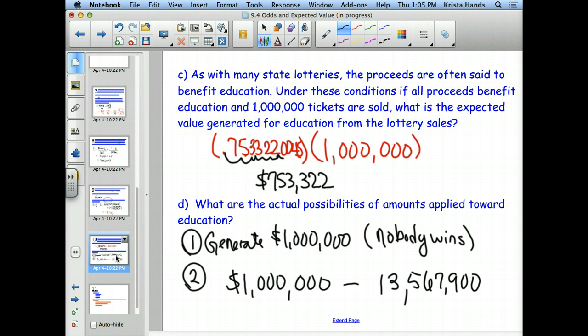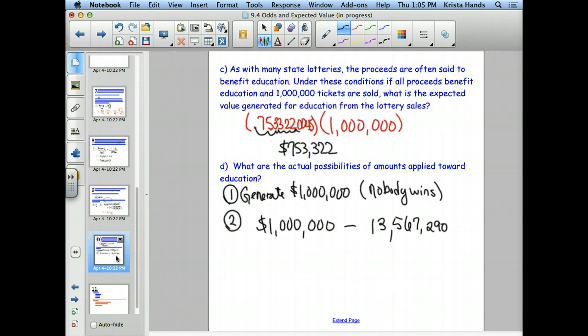Did I get that written down right? 290 at the end, not 900. Do you see a problem? What happens on this? There went your education.